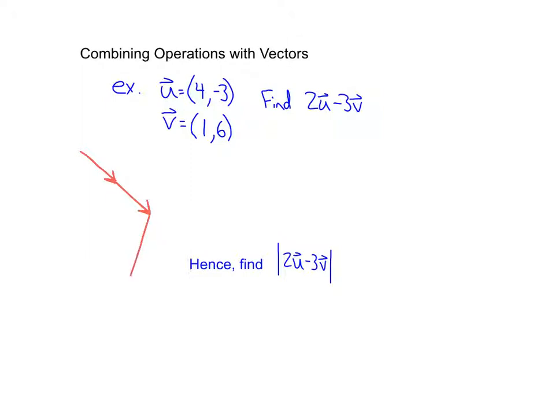So that's going to be like this, and I'd have to get 3 of these, and then I'd have to figure out where exactly this is. This is 2u minus 3v. So this vector here is the one that we're actually looking for.